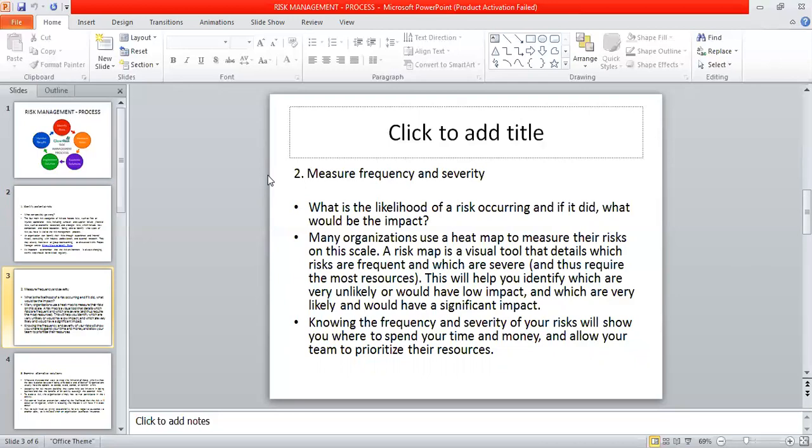These quantities can be either simple to measure, as in the case of the value of a lost building, or impossible to know for sure, as in the case of the probability of an unlikely event occurring. Therefore, in the assessment process, it is very critical to make the best educated guesses possible in order to properly prioritize the implementation of the risk management plan.